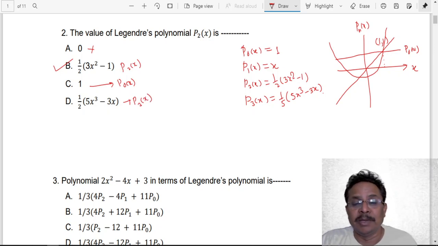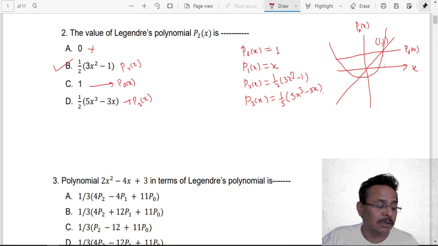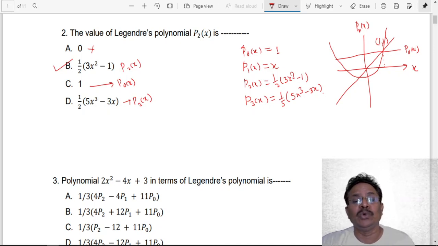So for remembering P0x, P1x, P2x, P3x, etc., make a small table here, and that table will help you, or plot a graph, or use the Rodrigues formula, and based upon the Rodrigues formula also we can find these Legendre polynomials. And in this question number 2, the Legendre polynomial P2x is nothing but 1 by 2 into the bracket 3x square minus 1. So that's what, two very simple questions we have seen.